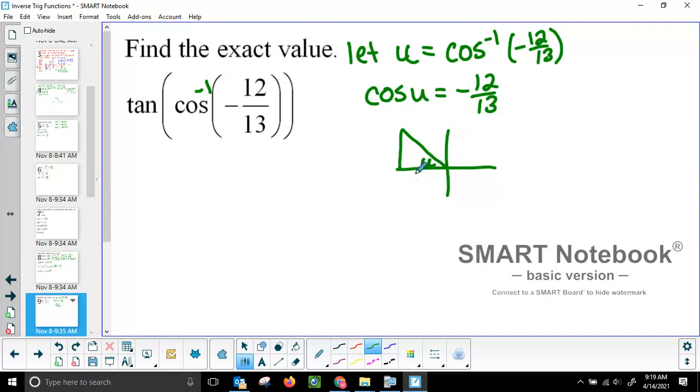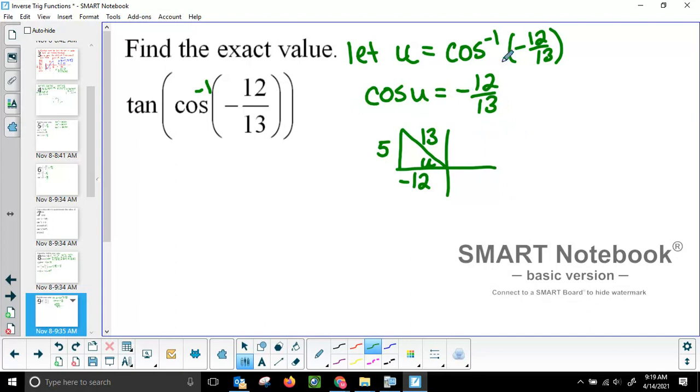All right, so 12 and 13. Which one of these has to be negative? The 12, right? Because first of all, the hypotenuse is never negative. But second of all, from the origin, I'm coming to the left, which is negative, right? You can use your Pythagorean theorem, or if you remember the 5, 12, 13 Pythagorean triple, this is going to be 5, and it will be positive because we're going up.